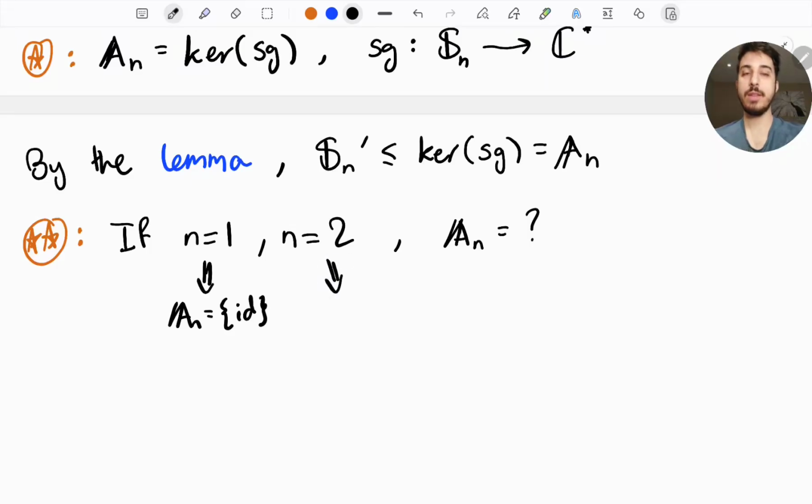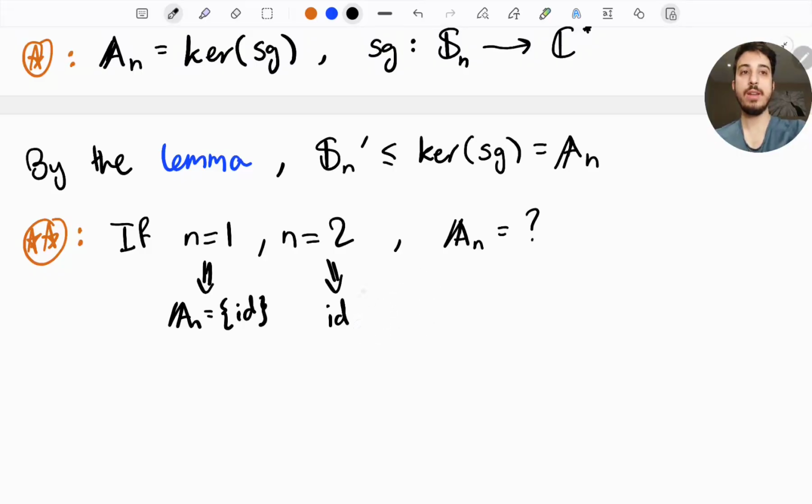And the second thing is that if n is equal to 2, then we only have two elements. And the only thing we can do with these two elements is either the identity or we can perform a transposition of these two elements. However, a single transposition like that is not an even permutation because it has an odd number of transpositions, which is 1. So this is not an element in An.